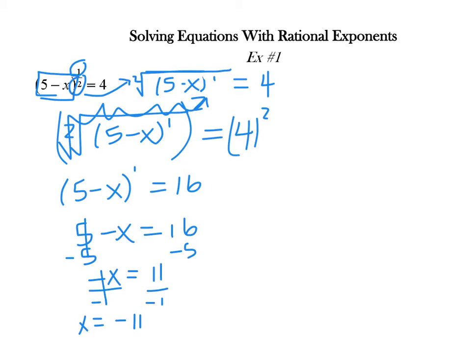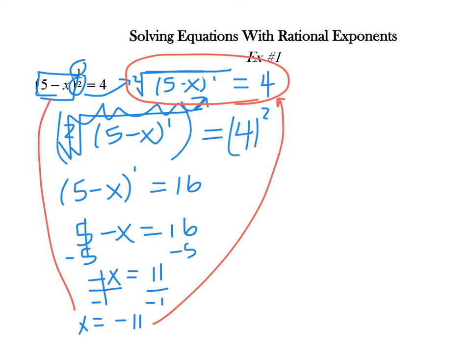Remember, we want to plug this back into the original problem. Now, you have the choice, whatever you prefer, to plug it into the one that we wrote in radical form, or you can plug it back into the original problem.